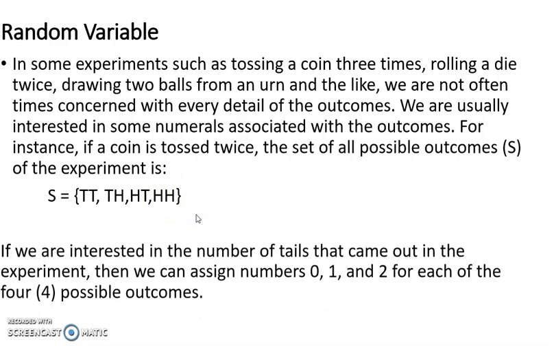If we are interested in the number of tails that came out in the experiment, then we can assign numbers 0, 1, and 2 for each of the four possible outcomes.